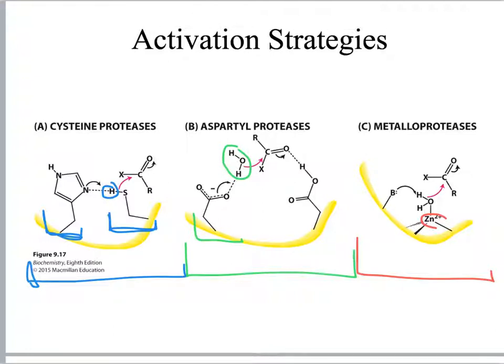So in all of these cases, the whole point of the pocket or active site for the catalytic strategy is that residues interact with one another so that they can form nucleophiles, and the nucleophiles attack the carbonyl carbon of the protein that we're trying to cut. Again, we mentioned that these are present in the digestive system. A lot of these proteases are in the digestive system because we're eating foods that contain proteins, and we need to be able to break these things down.